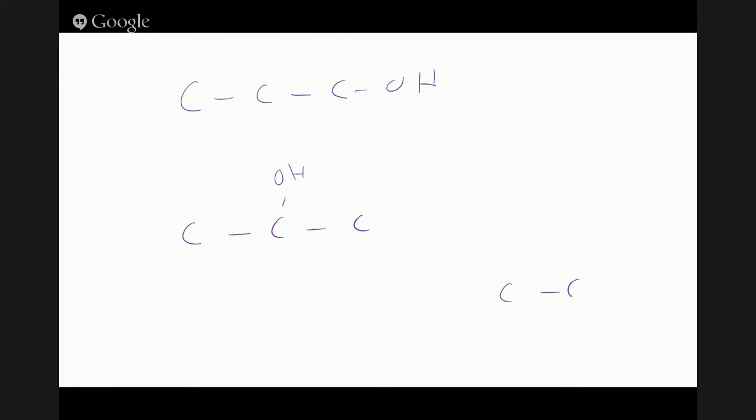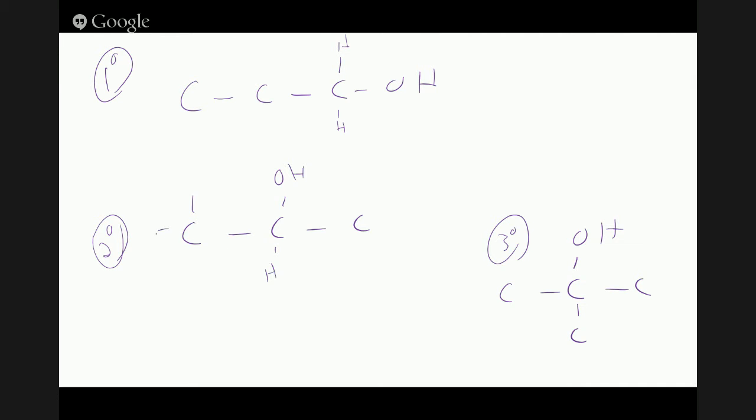And then I actually need to use 4 carbons for this. So I'm trying to explain what happens with a primary alcohol, a secondary alcohol, and a tertiary alcohol. So these are hydrogens. I'm not going to draw the rest of the hydrogens, but we definitely need to know that there are hydrogens on this carbon.